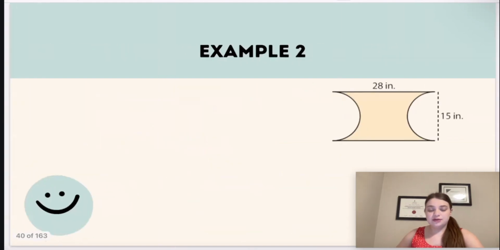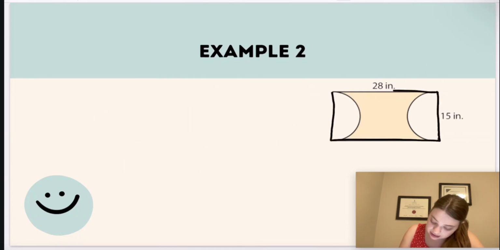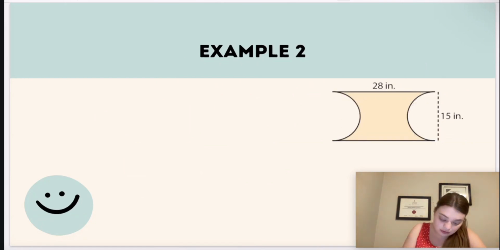Okay, let's try another one. With this one, it looks like a rectangle with some half circle bites cut out of it. So with this one, we're actually going to subtract. The area of this figure is going to be equal to the area of this full rectangle minus the area of these two half circles.